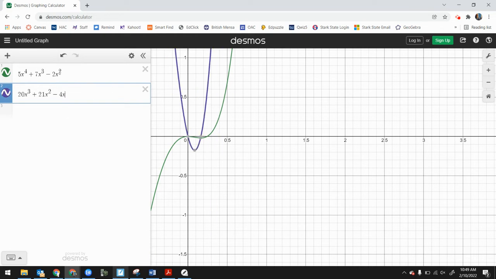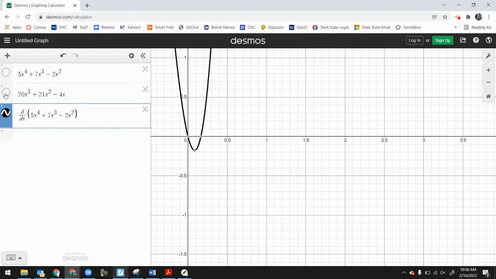If I was concerned that I got that derivative wrong, I could come down here and type d over dx of my original, and these two statements should be the exact same thing. So if I turn off my original and look, this is the exact same thing. So you can always check yourself. It's almost like a derivative calculator.